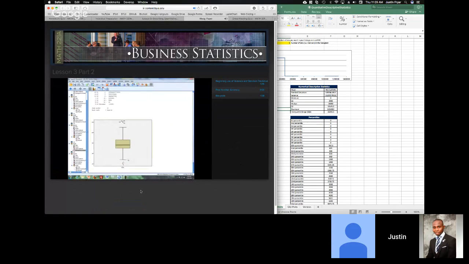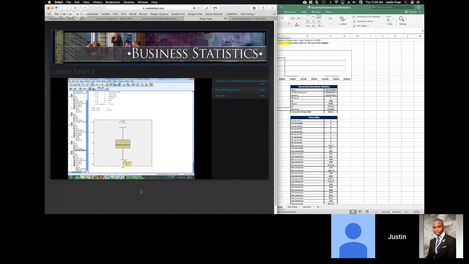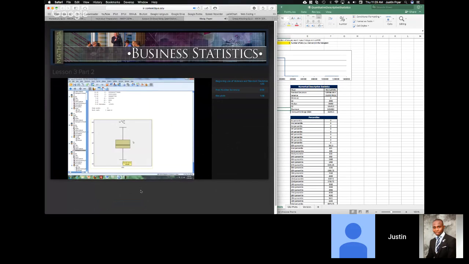Usually for the whiskers, which is described in the online textbook, the bottom part normally represents the minimum, and this here represents the maximum. However, if we have stars or dots below or above those whiskers, the lower point represents the minimum and the highest point represents the max. So you just have to be mindful of that.